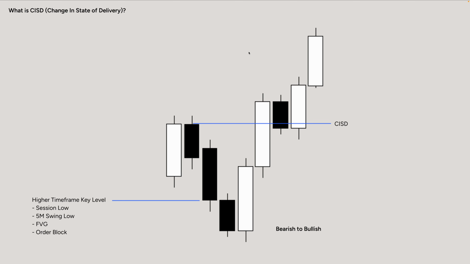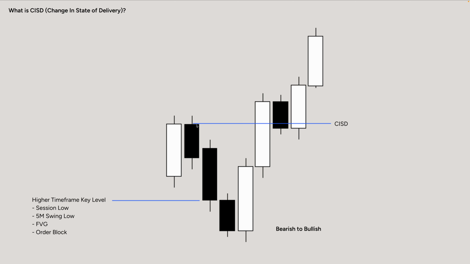Here's an example the other way around. In this case, we have our key level here. We see a leg down that pushes into the key level, and in this case, it's 3 consecutive bearish candles. So this is great. Remember what I said: we always go back to the first candle, the candle that initiates the leg down that pushes into the key level.